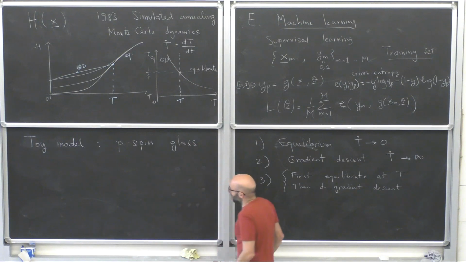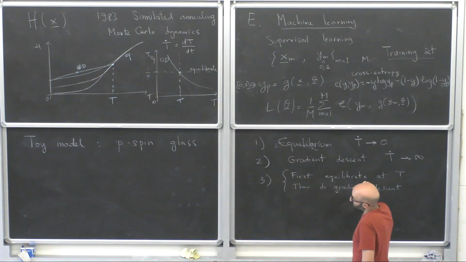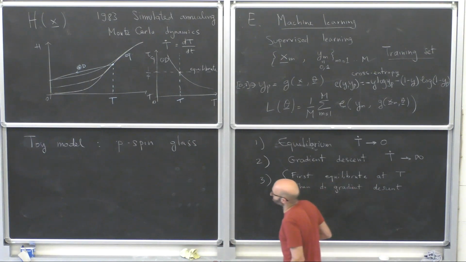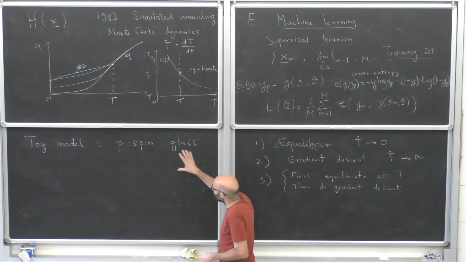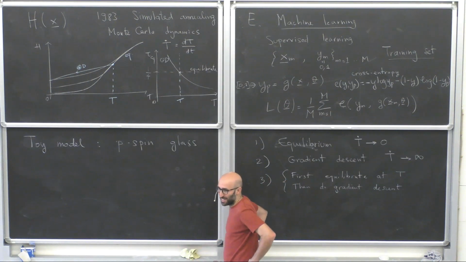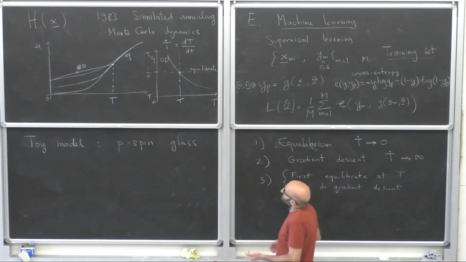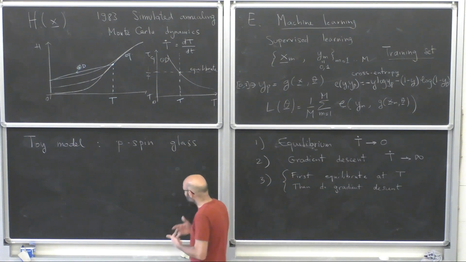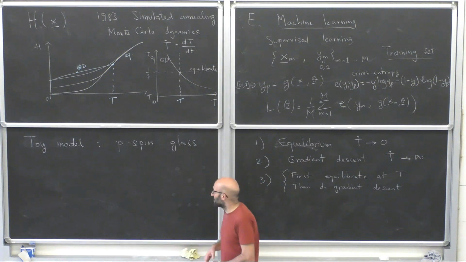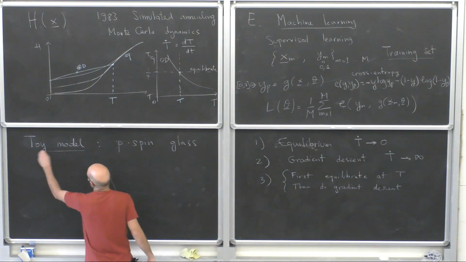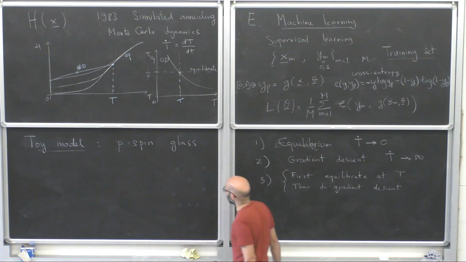The reason why it's interesting, I think, is that it answers the question that was asked before. This is a case where you can solve everything, and you can understand what's going on. Then you can see that the same kind of phenomena are there in more complex models. So it's a good toy model for that reason.